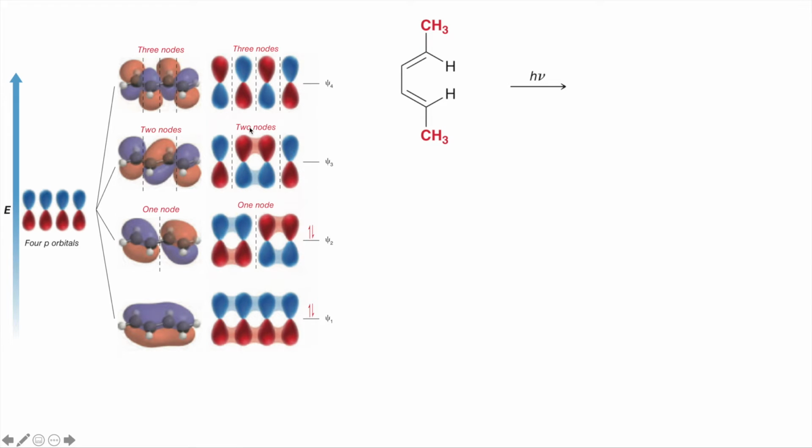And more energetic waves have more nodes, like this one here. So light hits the molecule, and one of these electrons jumps up, and now this here, the psi3, is the highest occupied molecular orbital.